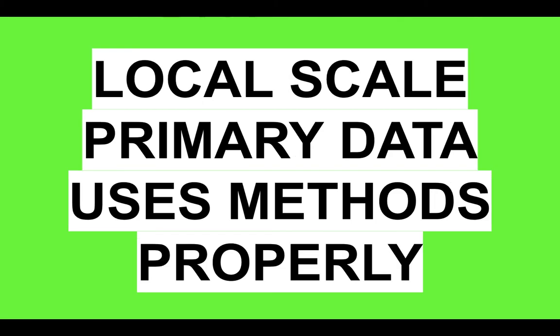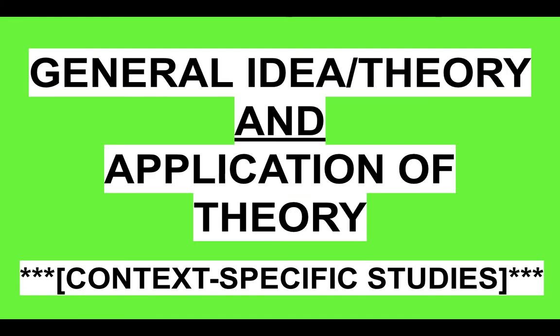You will do so on a local scale using primary data that you collect that has been made with appropriate methods that have been used properly. The general idea of the theory will be explained, and you will apply the theory by making use of context-specific studies in both designing your methods and then analysing the data.